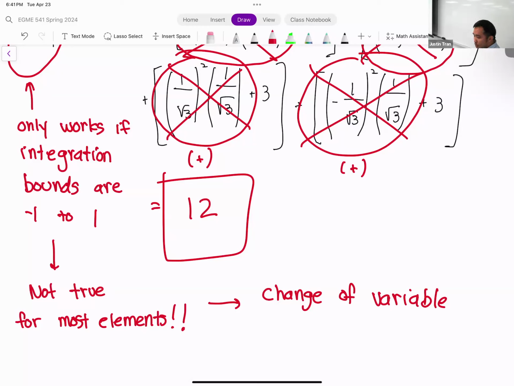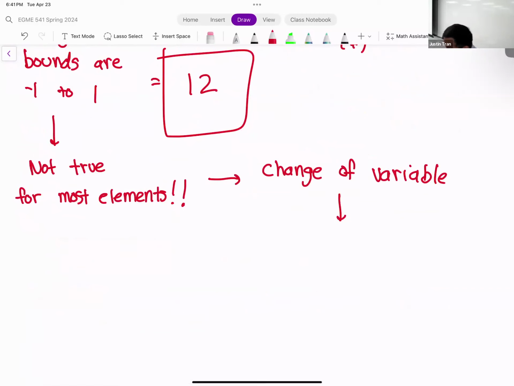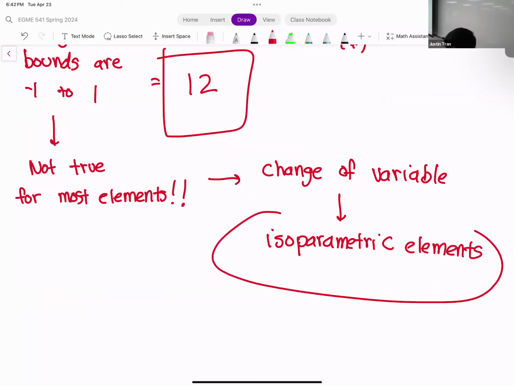The problem is that when you do a change of variable in 2 dimensions, especially when you involve things like gradients, it becomes a lot more complicated. And so the change of variables in 2D is going to lead us to the ultimate discussion that we're going to have in this class, which is isoparametric elements.